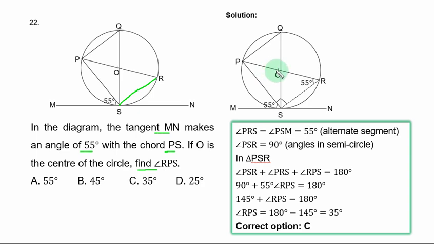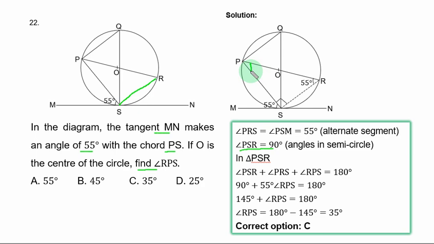Secondly, if O is the center, it means PR is a diameter, and angle in a semicircle is 90 degrees. Hence, angle PSR is equal to 90 degrees. This is the angle we are looking for.